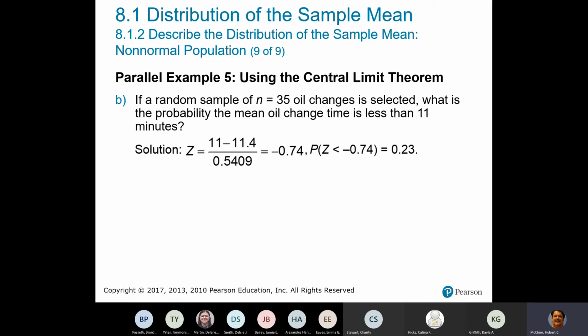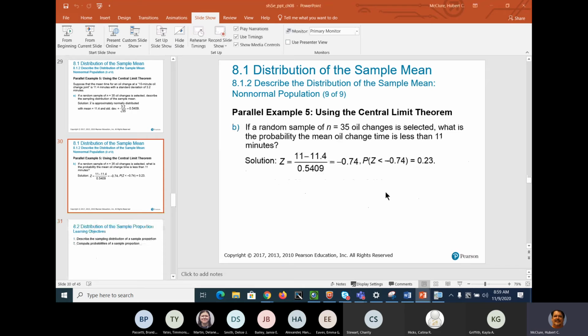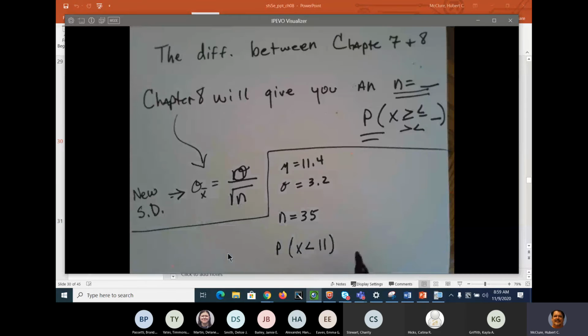So the probability of X being less than 11. So here is the information that is given. Now, of course, you would draw a picture. We'll draw it on the next page.